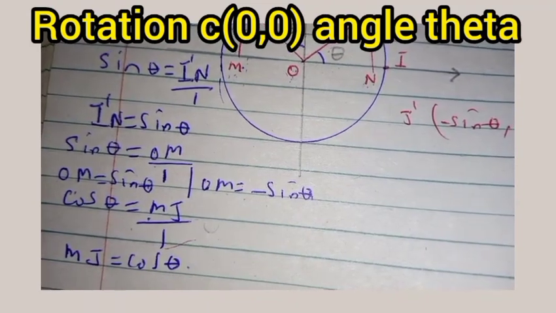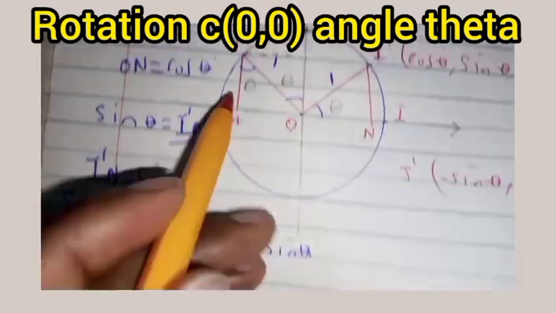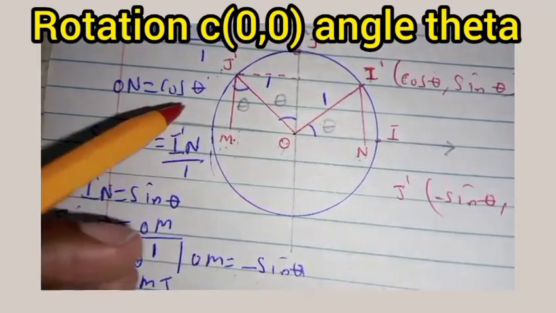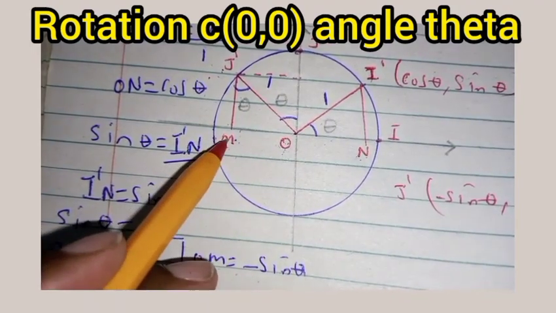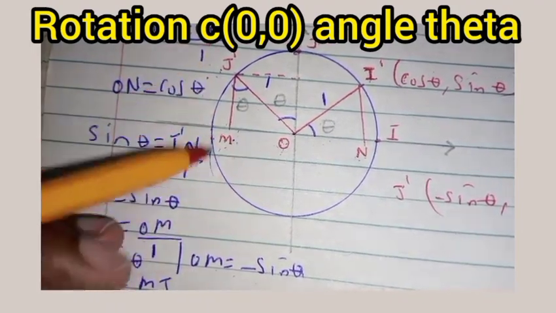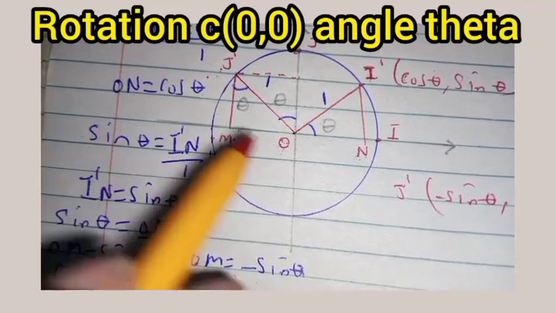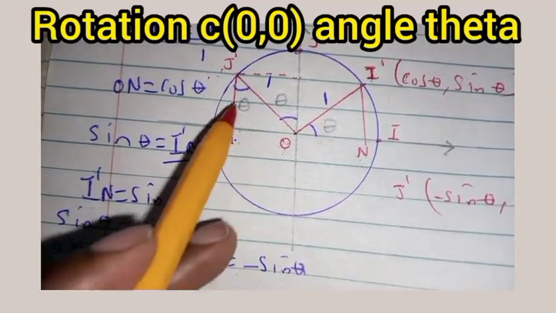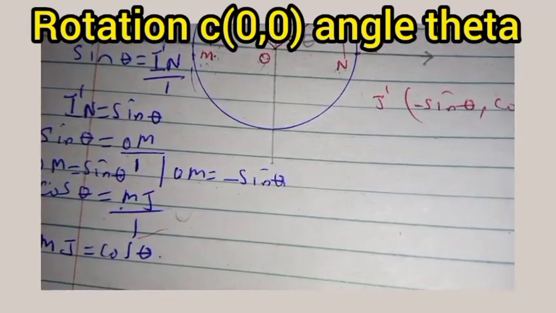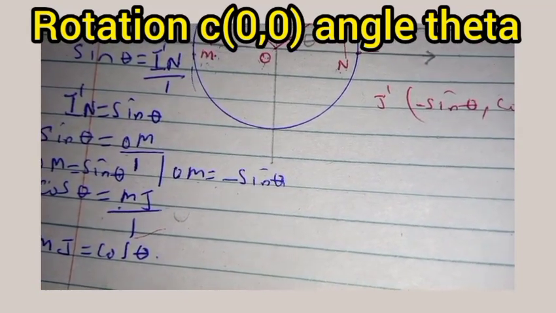So that is what we obtain here. For J, along the x-axis we have found it is negative sine theta. Along the y-axis we have found it to be cos theta, because this is the opposite and this is the adjacent.